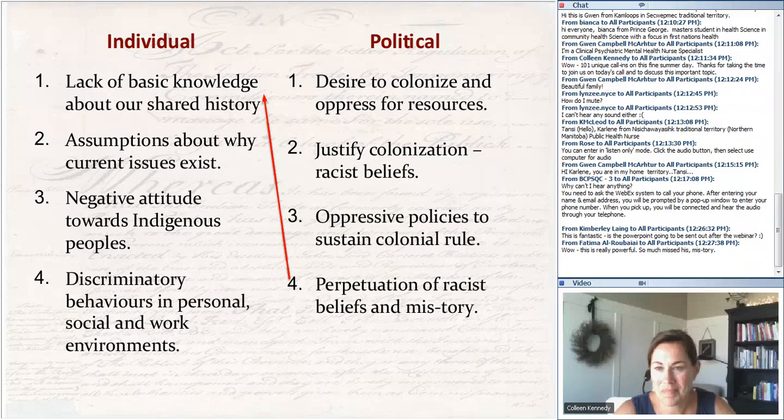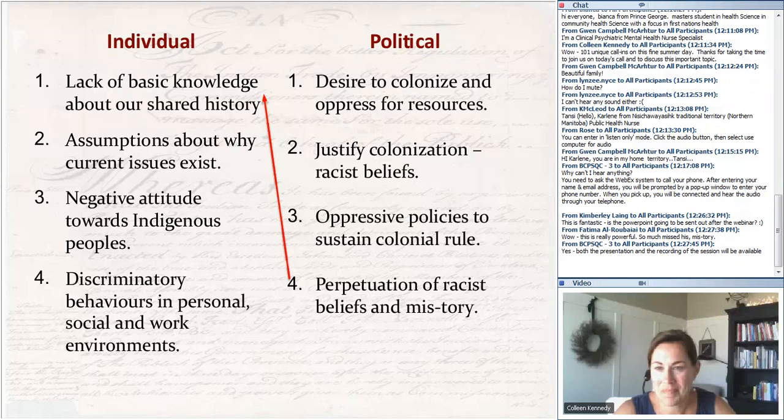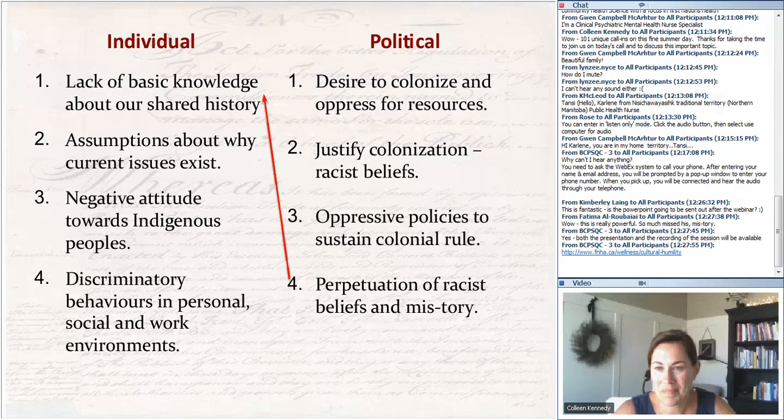So there are lots of stereotypes attached to Indigenous people and why the situation that lots of people live in now exists. And it doesn't have anything to do with colonization. The assumption is that it has everything to do with the individuals or the group as a racialized group.